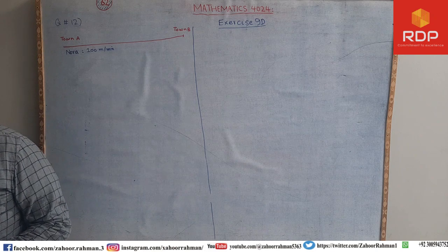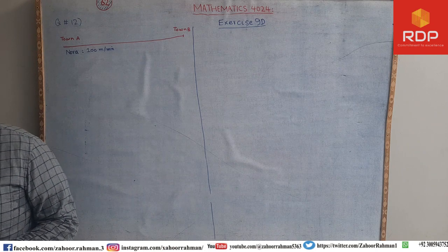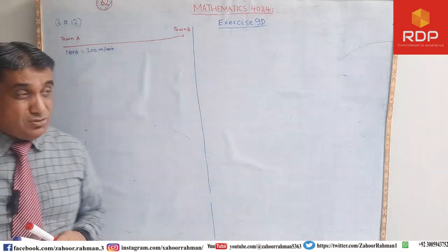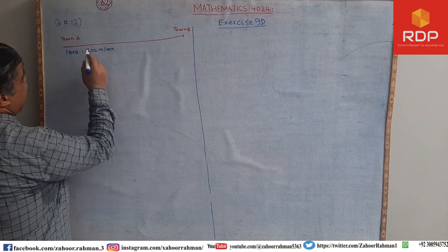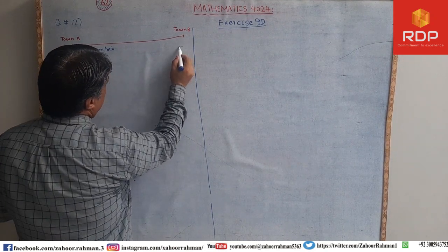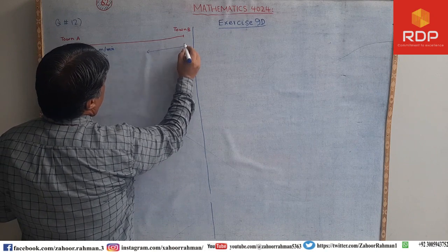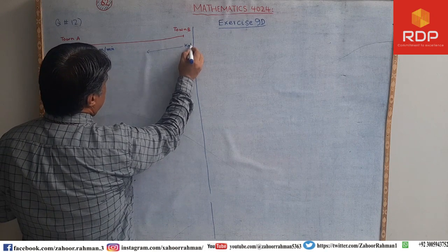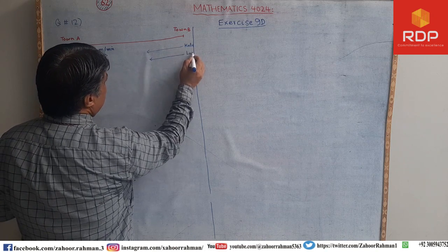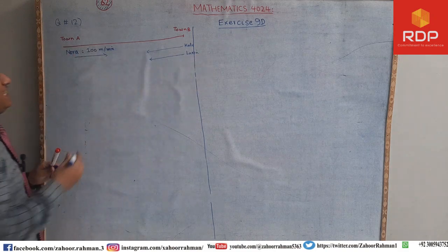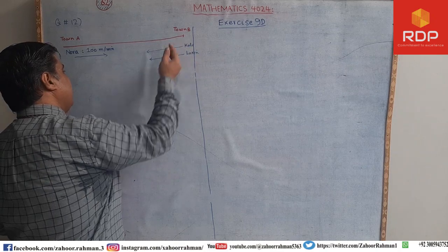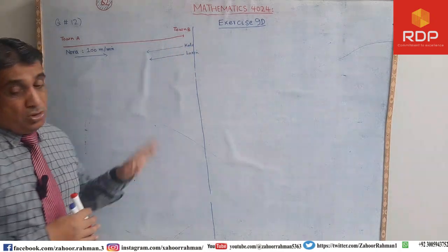At the same time, Kate and Lexon walk from town B towards town A. At the same time when Nora is starting on this side, Kate and Lexon are starting from that side, and both of them are walking towards Nora.